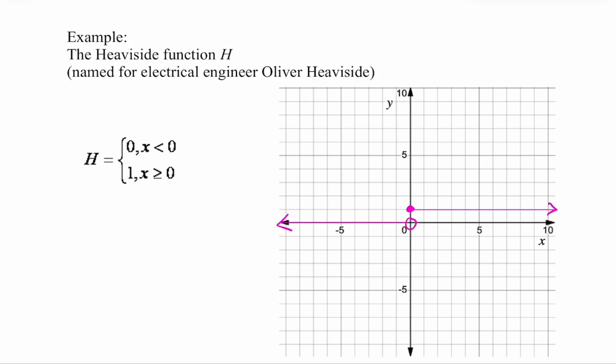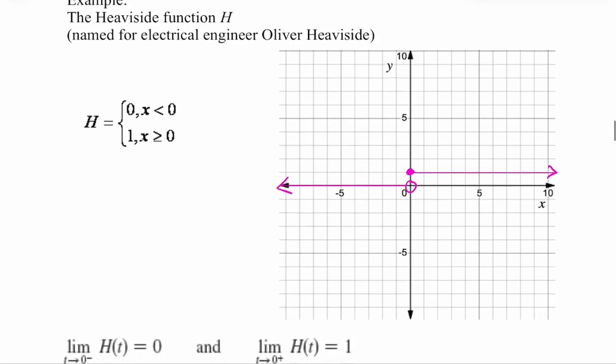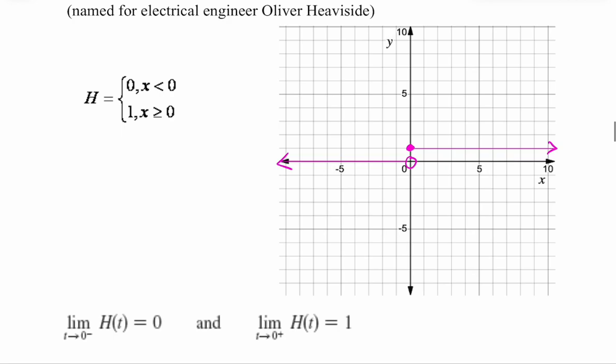So it's a piecewise function. It has a horizontal line at 0 for everything negative, and a horizontal line at 1 for everything that is positive. So the question we're asking here is, what is the limit as, they use t, I didn't use t in both places, but we'll assume the x is the t.